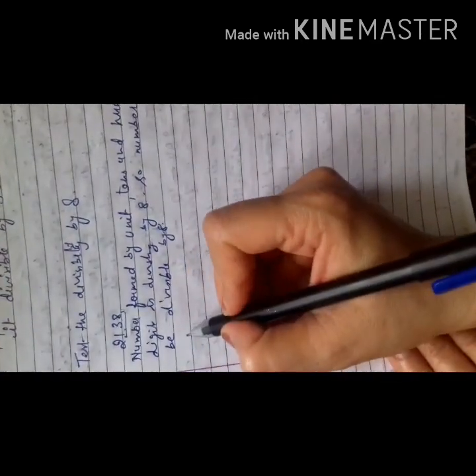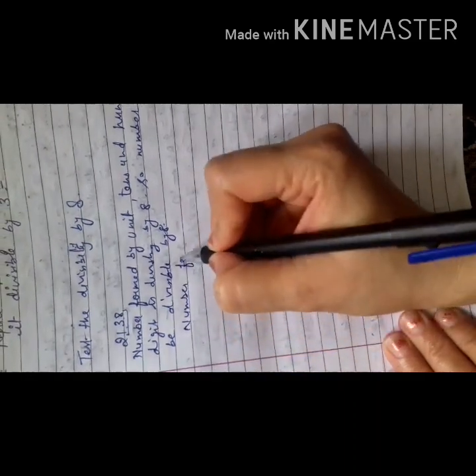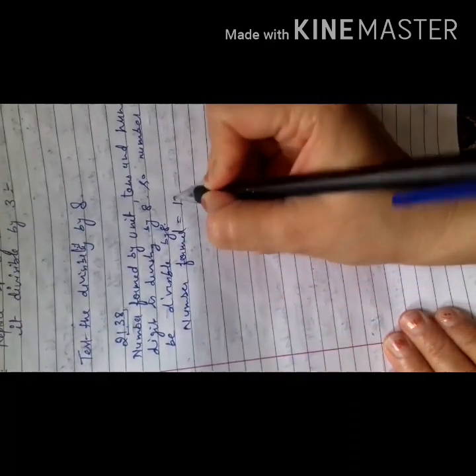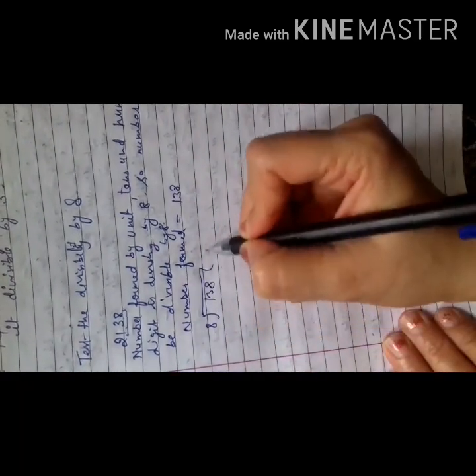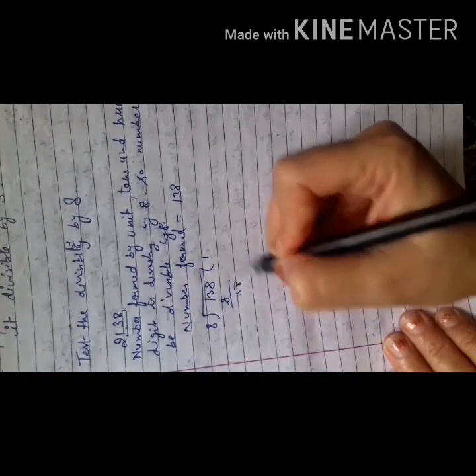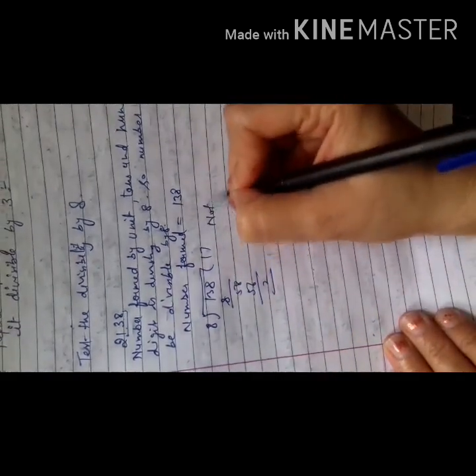Check it. The number formed by the unit, tens and hundreds digits is 138. Now divide it by 8. It is not divisible by 8.